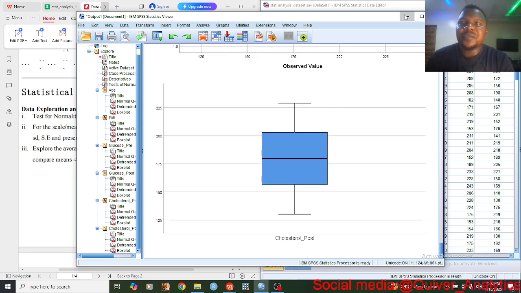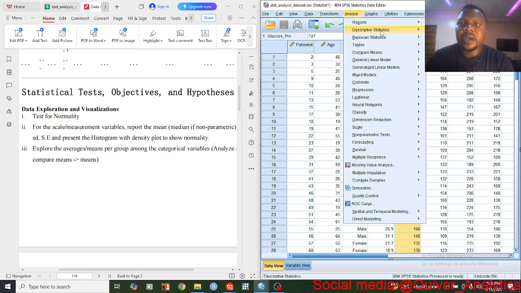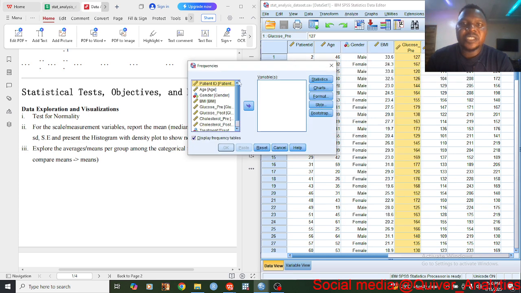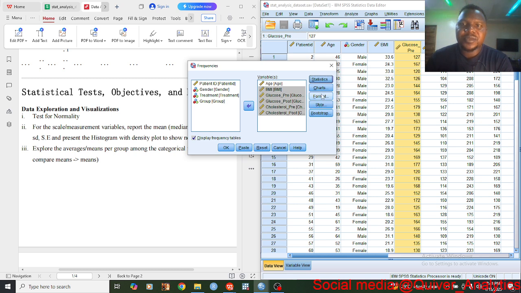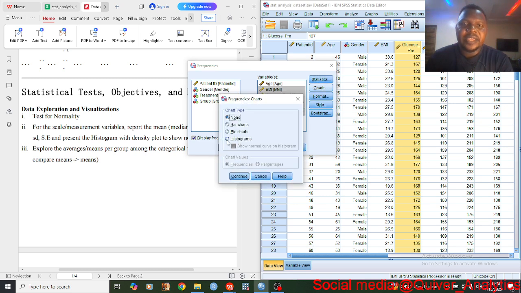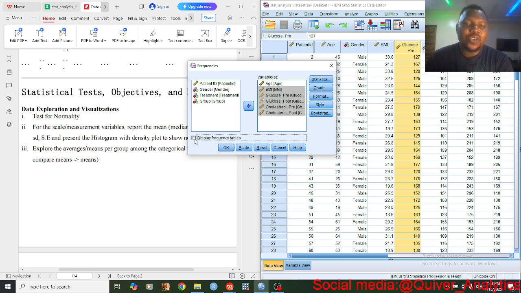All right, so I don't have the histogram here. I'm going to go back to Descriptives, Frequencies, and again pick all of these. In statistics, I already have the mean. I'll just say mean, charts, histogram, and show normal curve.